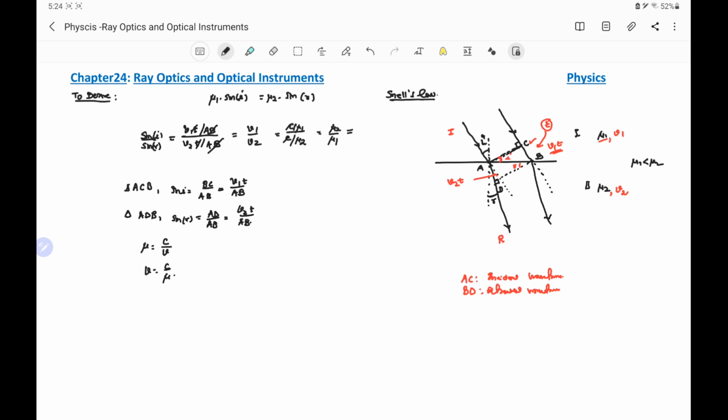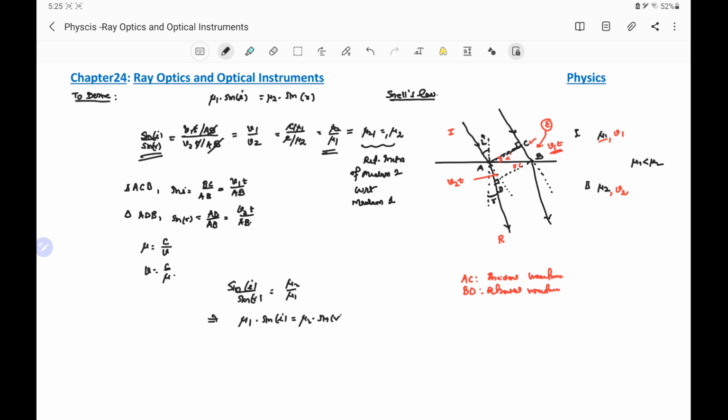We can also write it as mu21, the refractive index of medium 2 with respect to medium 1. So from the equation we finally get sin I by sin R equal to mu2 by mu1, or cross multiplying, mu1 sin I equal to mu2 sin R.